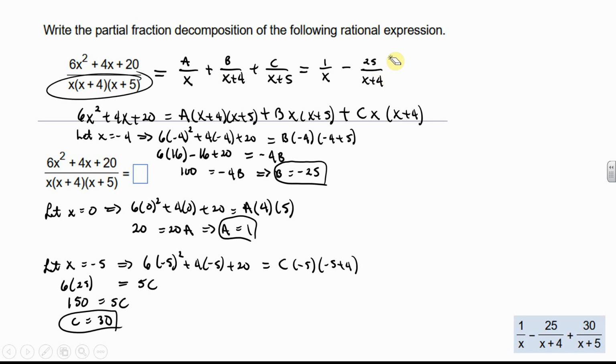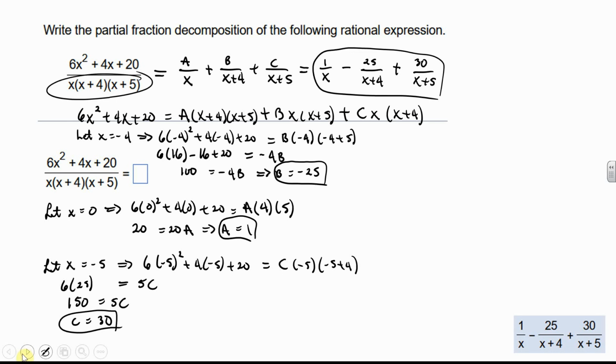And then c is plus 30 all over x plus 5. Put the answer down there just to check, just to make sure we're all on the same page. Any questions there?